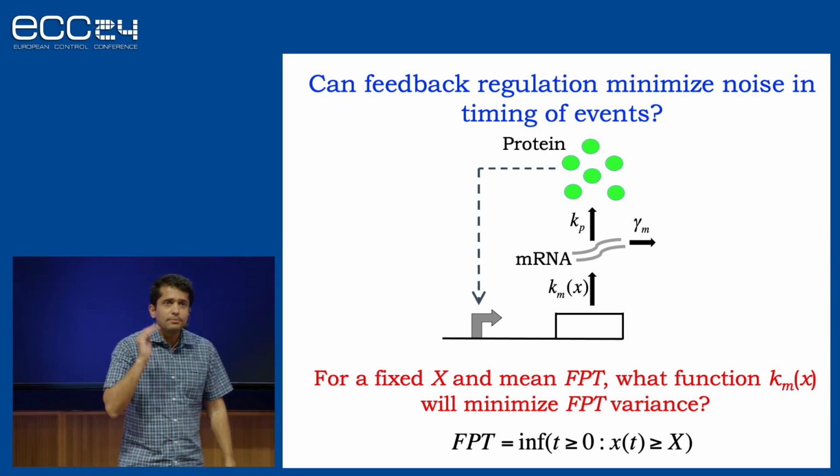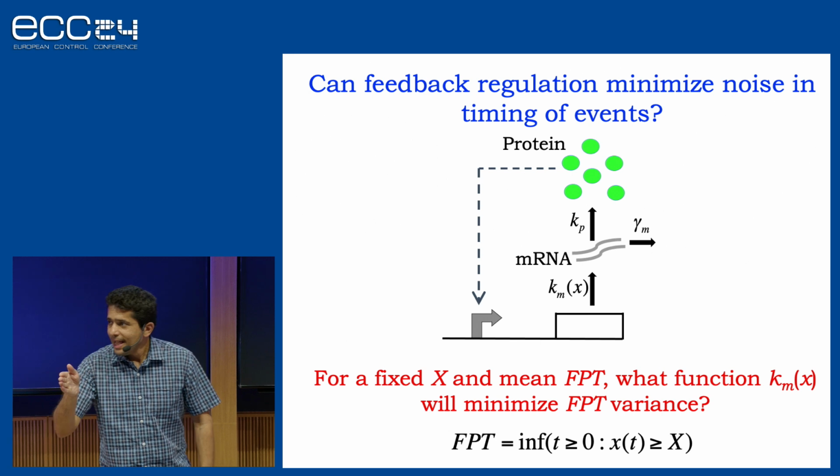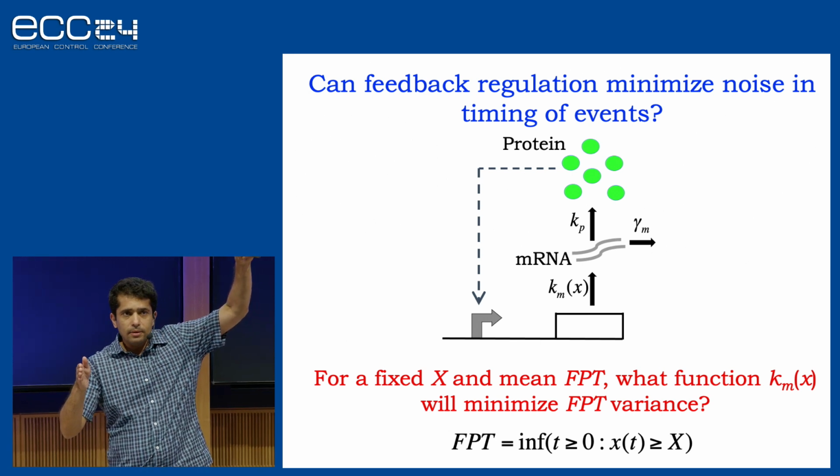So let's say at time 0, you have 0 molecules, and you want to get to 1,000 molecules in 1 hour. Not half an hour, not 2 hours. So 1,000 molecules in approximately 1 hour. What is the best feedback? What is the best function Km to have that will get there in 1 hour with the lowest noise in timing?